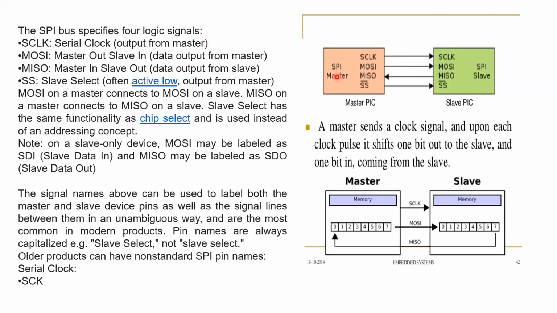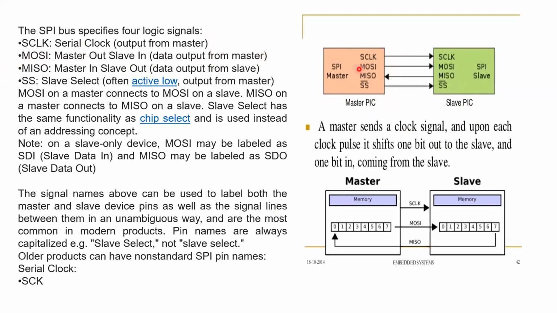MISO is nothing but slave to master. MISO, master in, slave out. Then SS bar, slave select. So here only one slave is there, and I have connected it. If more than one or two slaves are there, I have to connect them from the master to the other slave devices.